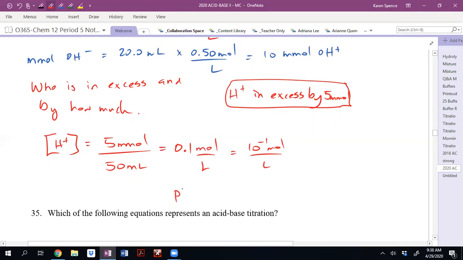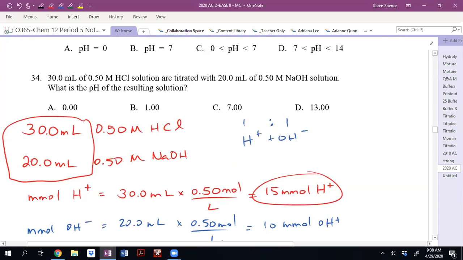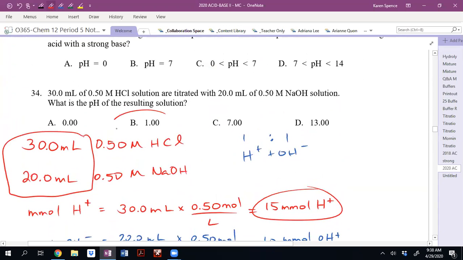So our pH then equals 1, and I hope that is one of our answers. Let's go take a look. It is B.